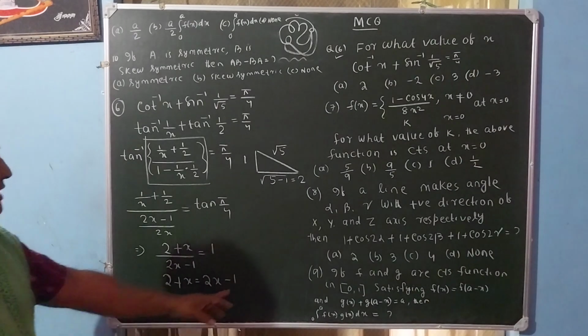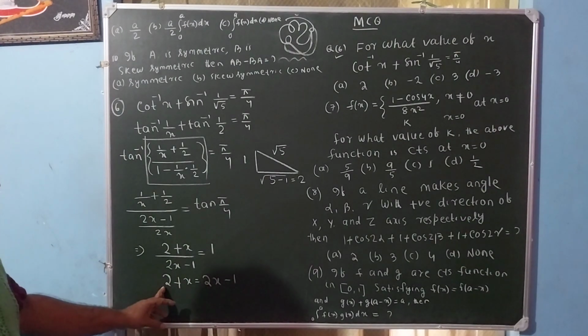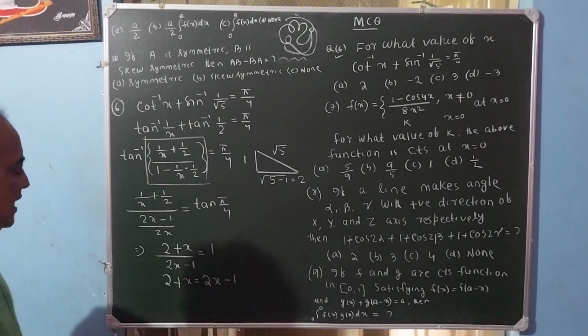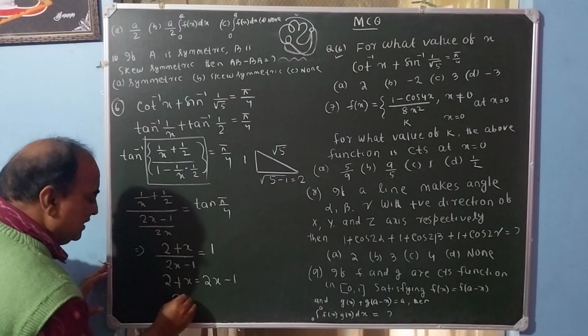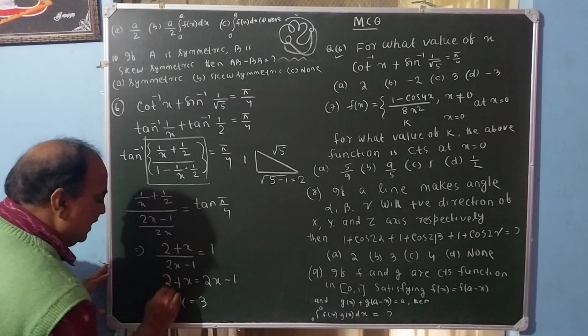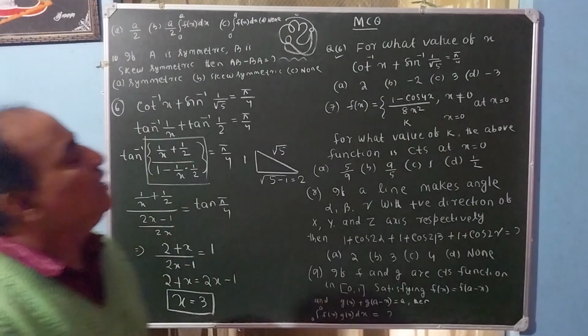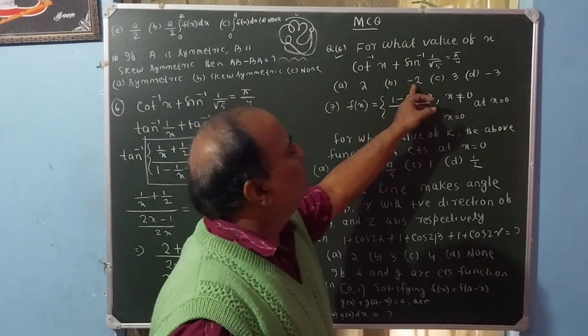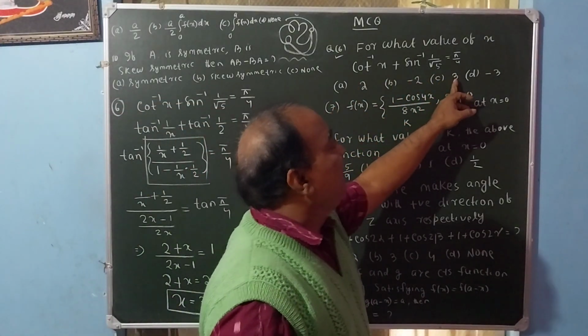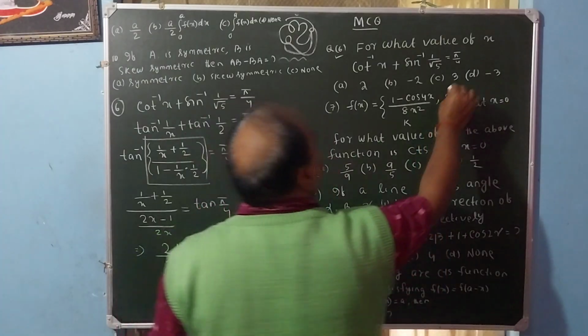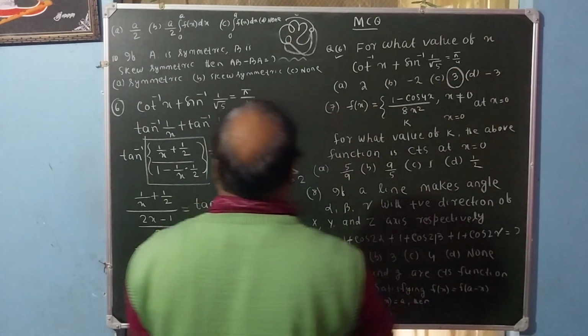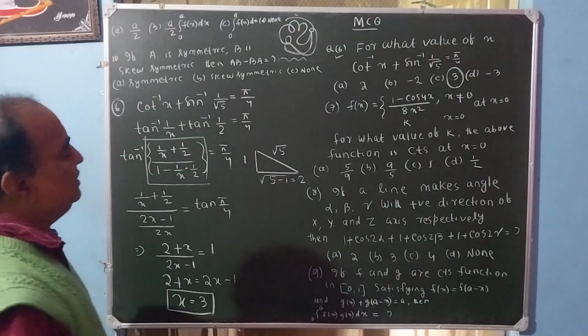The minus 1 will go to this side and x will go to that side. So the value of x is coming out 3. Here the options are 2, minus 2, 3 and minus 3. So the correct answer is 3.